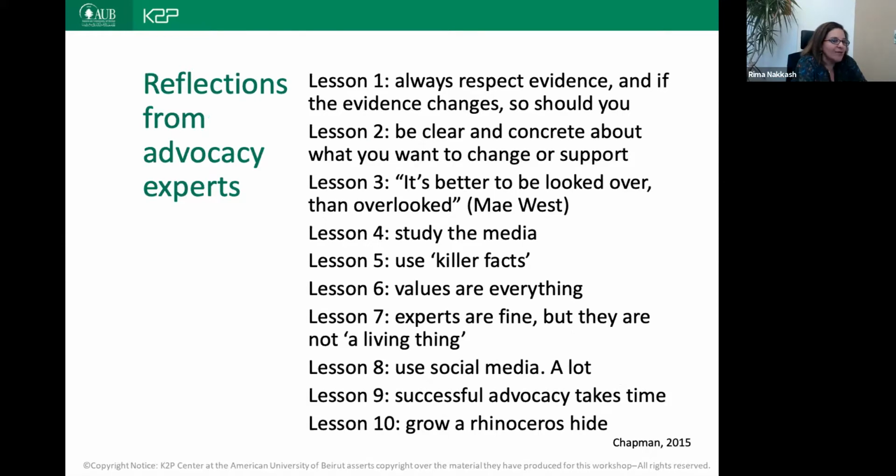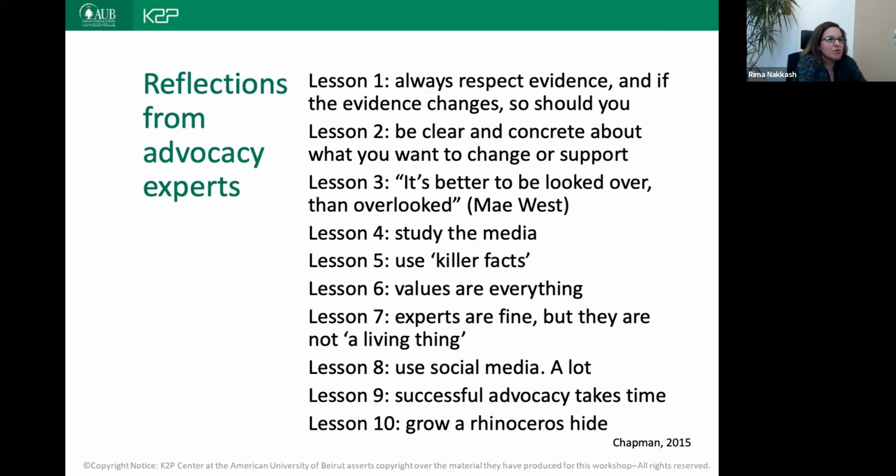I usually like to list these 10 lessons learned from advocacy experts, from a publication by Simon Chapman, who is a well-known Australian academician and a strong tobacco control advocate, and has published a lot on advocacy and evidence-informed advocacy.